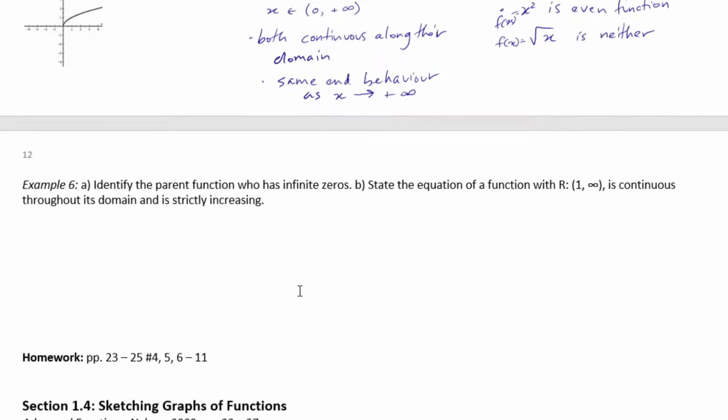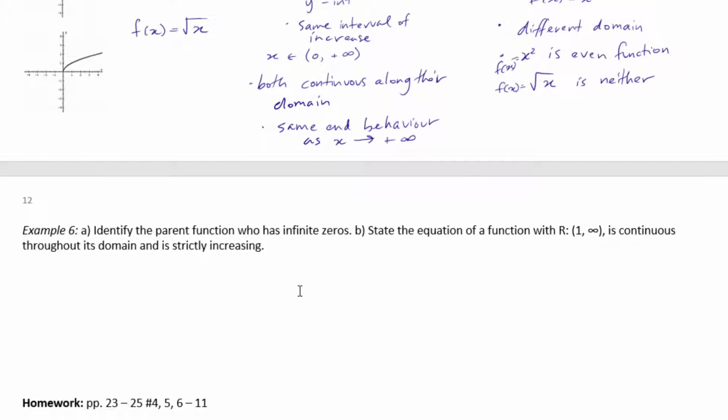The final example asks to identify the parent function that has infinite zeros. Okay, so let's think about that. Which of our parent functions crosses the x-axis an infinite number of times? Well, let's draw our x and y axis here. If it is crossing infinitely, that would mean that it has to be a periodic function.